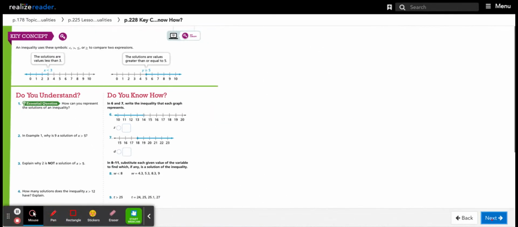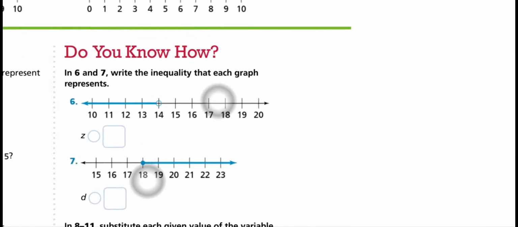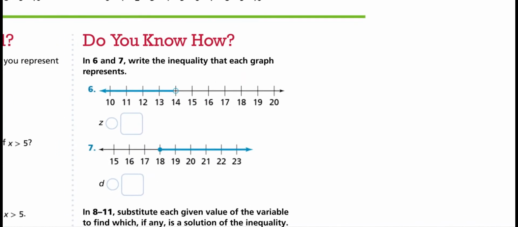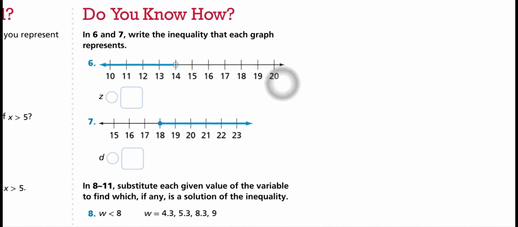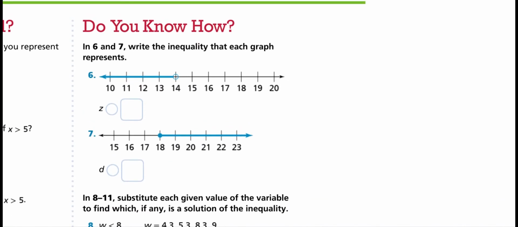So now let's try some practice questions. Number 6 here, let's look at the graph. The directions say in 6 and 7, write the inequality that each graph represents. Okay, so we have z here. Well, what should go in the circle? Should you have greater than, less than, greater than or equal to, or less than or equal to?